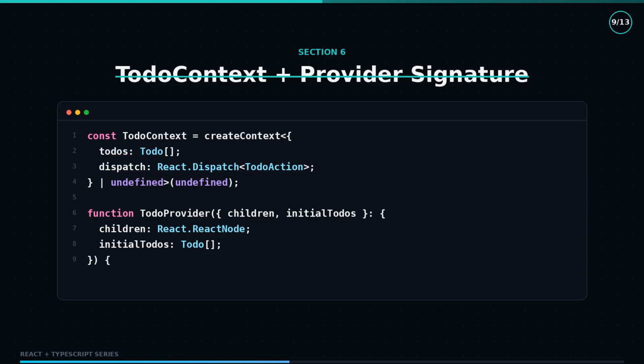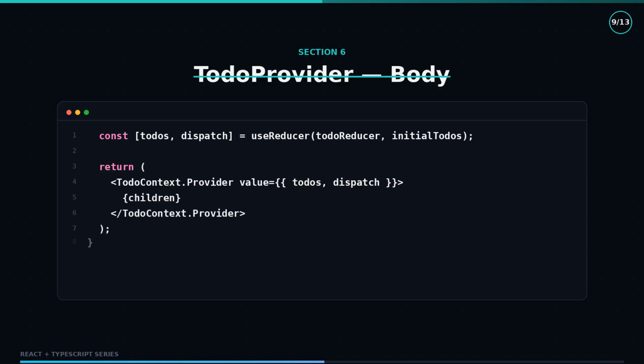6. Context plus provider, wiring it up safely. const TodoContext equals createContext, todos, dispatch React.Dispatch of TodoAction, or undefined. Function TodoProvider, children and initialTodos, React.ReactNode, initialTodos Todo array. const todos, dispatch equals useReducer, todoReducer, initialTodos. Return TodoContext.Provider, value todos and dispatch, wrapping children.